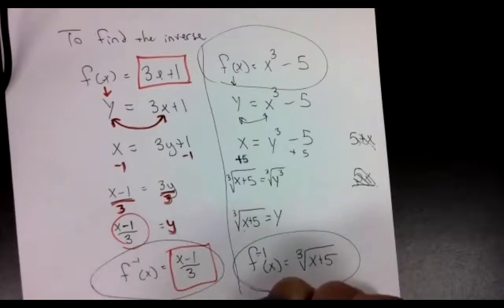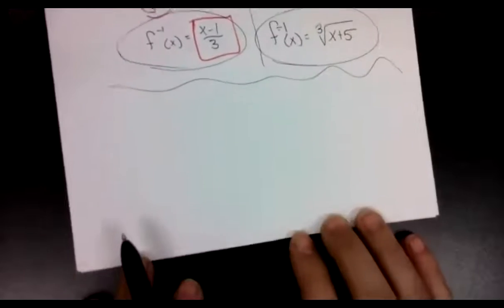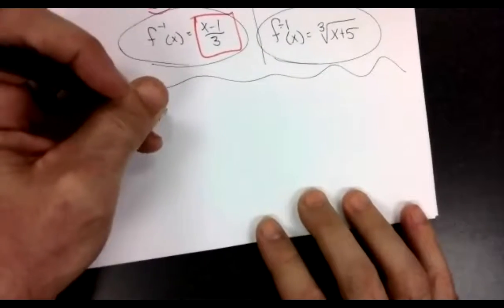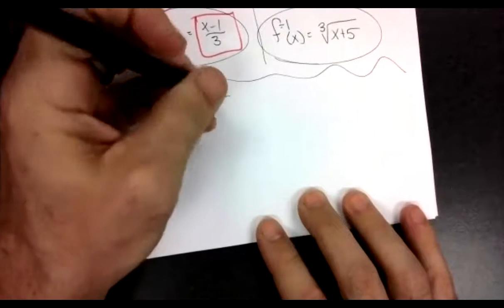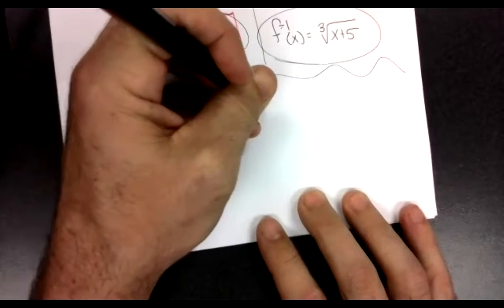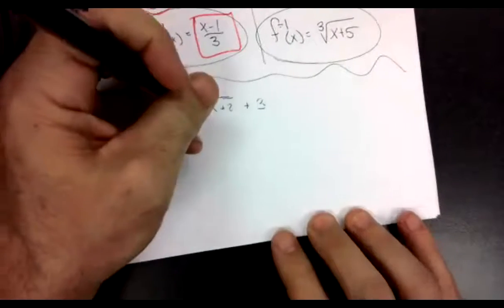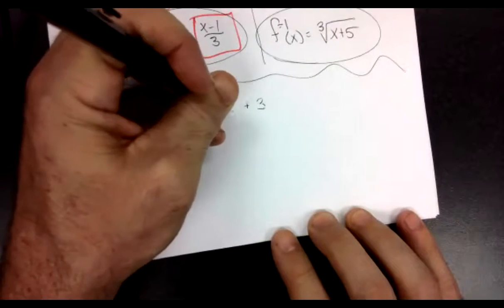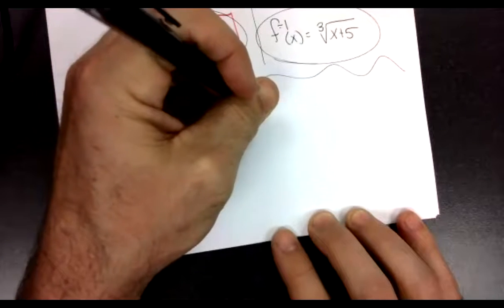I'm going to do one more example, just so we have a little bit of everything to go off of. So some of the other things they might throw at us. Okay, so say we have the cube root of x plus 2, and then plus 3.